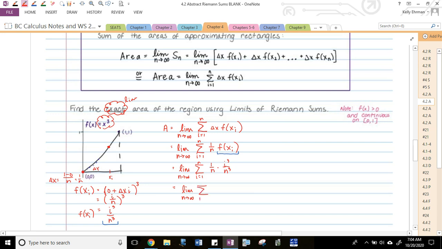Here's how I like to write it before you get too ahead of me. Let's put the 1 over n to the fourth out in front. We're going to separate that out. 1 over n to the fourth, and then the sum of i to the third. This is where we need to use one of those formulas that I said I don't really have memorized either. We'll figure it out in a minute.